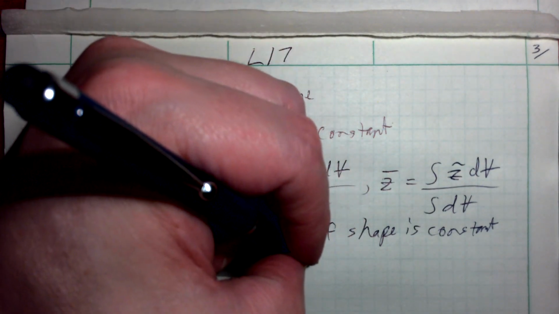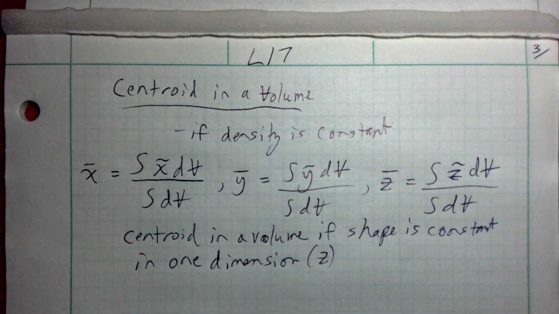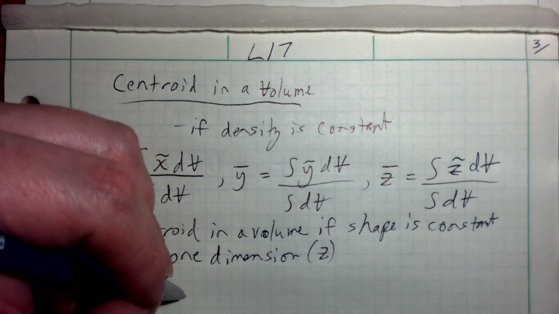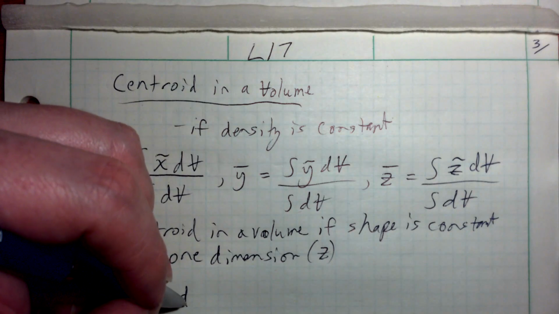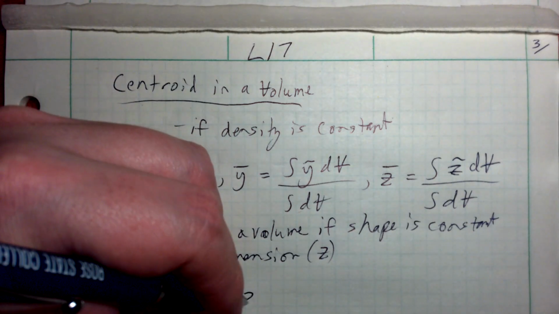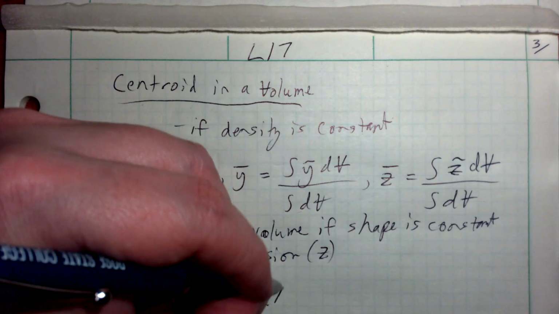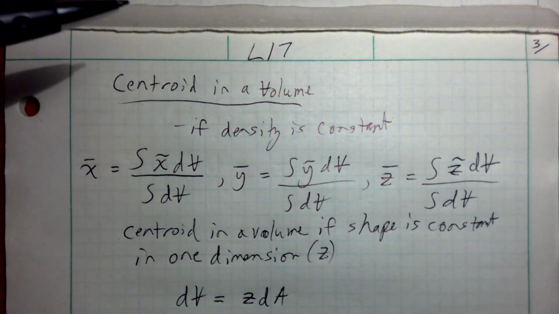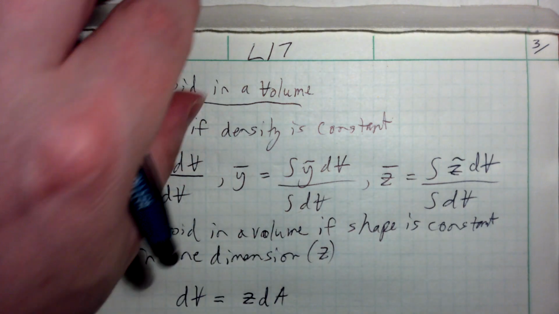Specifically, let's say that dimension is z. So if the shape is constant in one dimension, we can say this differential volume is equal to this constant z times dA, because it's basically a constant z throughout.